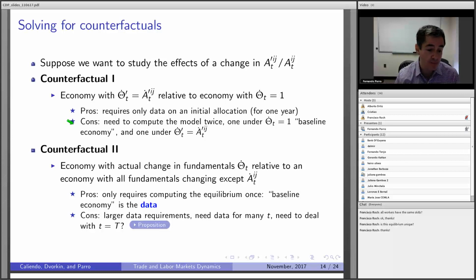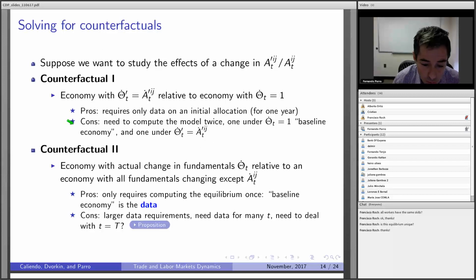And we're going to solve this baseline economy relative to a counterfactual economy that is going to contain all the evolution of fundamentals as in the data, except for productivities in China. The productivities in China are going to contain not the actual evolution, but the counterfactual evolution.